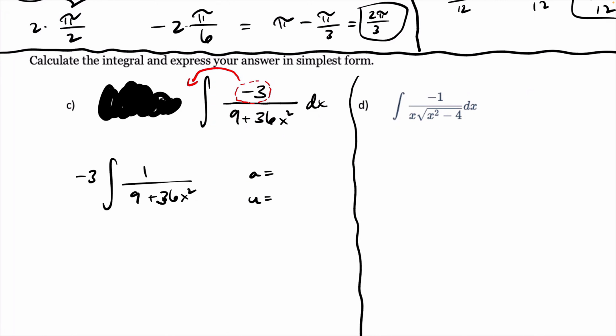So what is A and what is U going to be? A is going to be 3 because 3 squared makes 9, right? And 6x squared makes 36x squared, right? So that means U is going to be 6x.